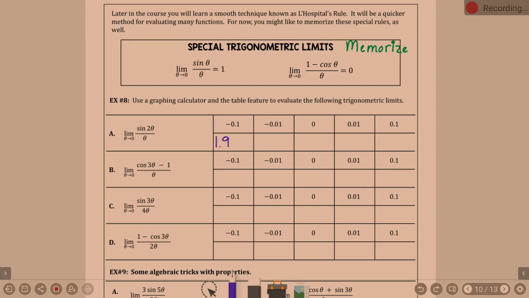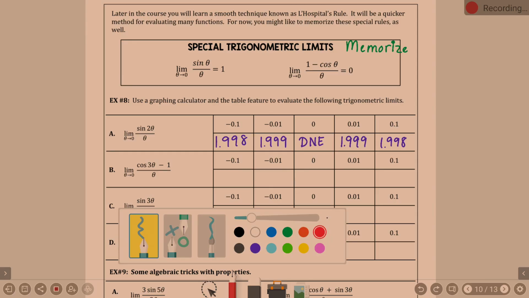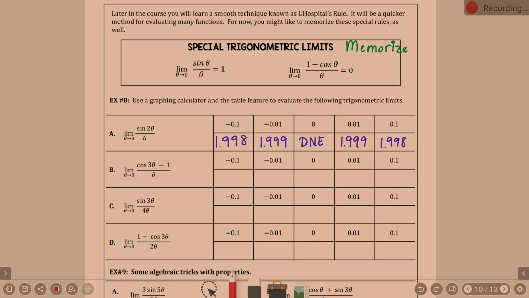1.998, 1.999, DNE, 1.999, 1.998. What do you think here?